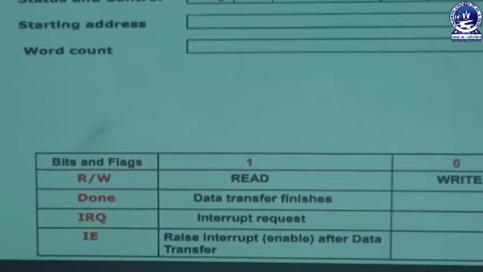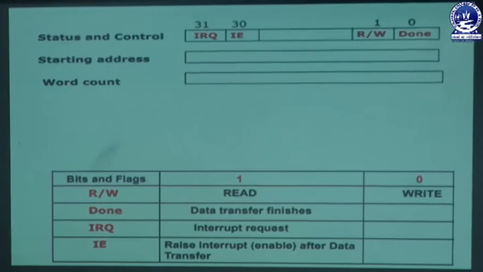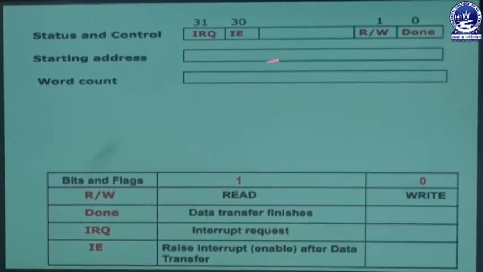Okay, so the next concept: here you can see the status and control bits which will be set to do the data transfer, and then the starting address and word count.